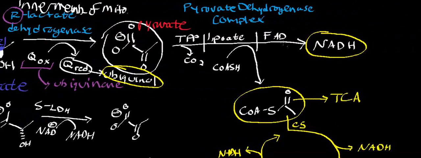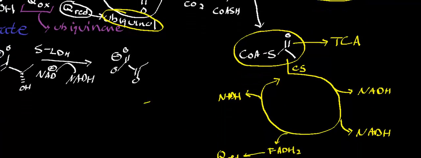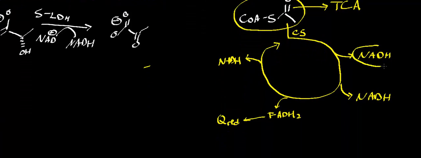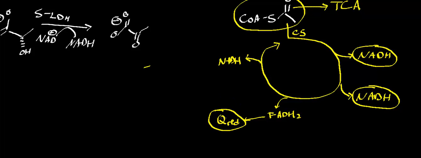because not only did we get an NADH from the pyruvate dehydrogenase complex, but when that acetyl-CoA goes into the TCA cycle, we're going to get one NADH from isocitrate dehydrogenase, another one from the alpha-ketoglutarate dehydrogenase complex, a reduced CoQ, or ubiquinol, from succinate dehydrogenase, and our final NADH from malate dehydrogenase.